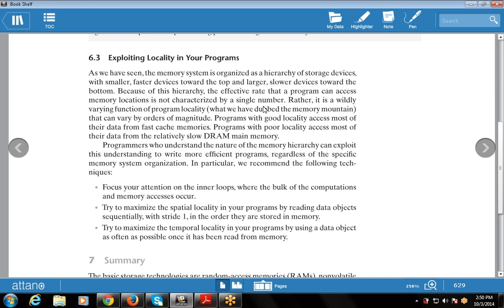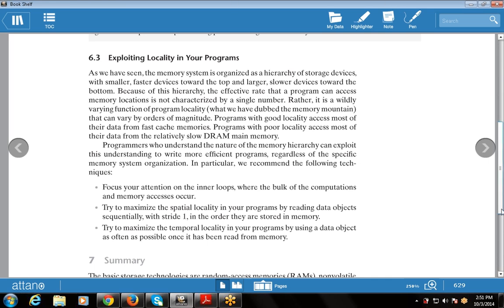Because of this hierarchy, the effective rate at which a program can access memory locations is not characterized by a single number. Rather, it is a wildly varying function of program locality, and can vary by orders of magnitude.